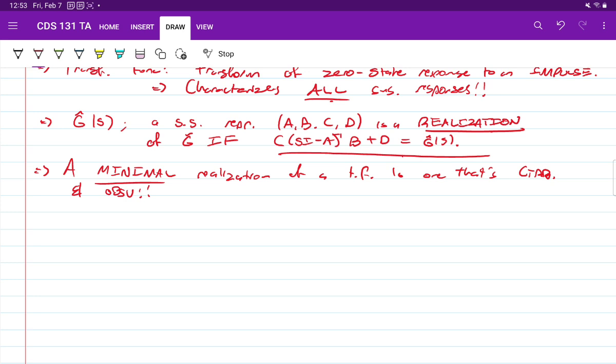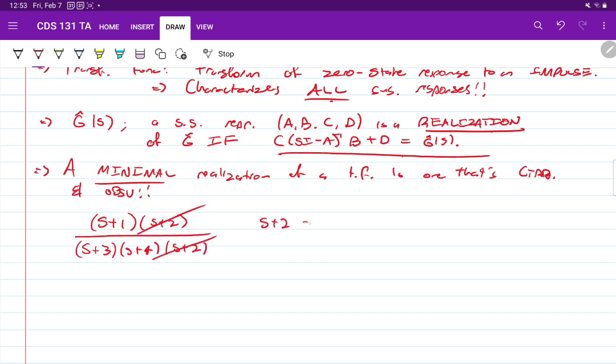So it turns out any terms that we cancel are redundant information, right? So if I give you a transfer function (s+1)(s+2) over (s+3)(s+4)(s+2), this s+2 is redundant information. Okay? So what this indicates is that the state space representation was not minimal.